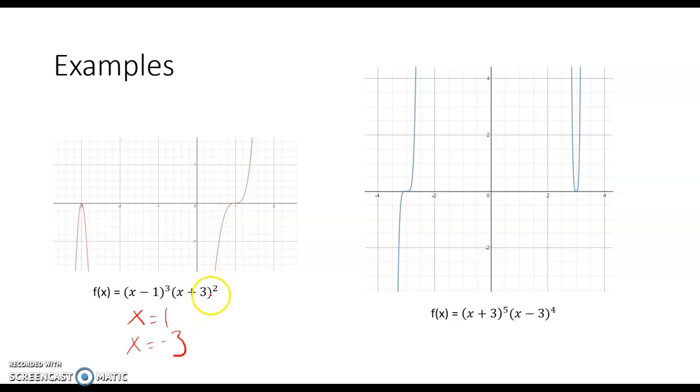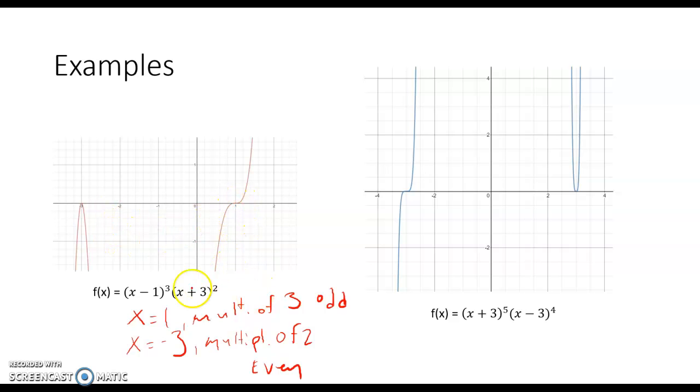But since x plus 3 is squared, that zero has a multiplicity of 2, which is even. And 1 has a multiplicity of 3, odd. It bounces at x equals negative 3, touching the x-axis but not crossing it.